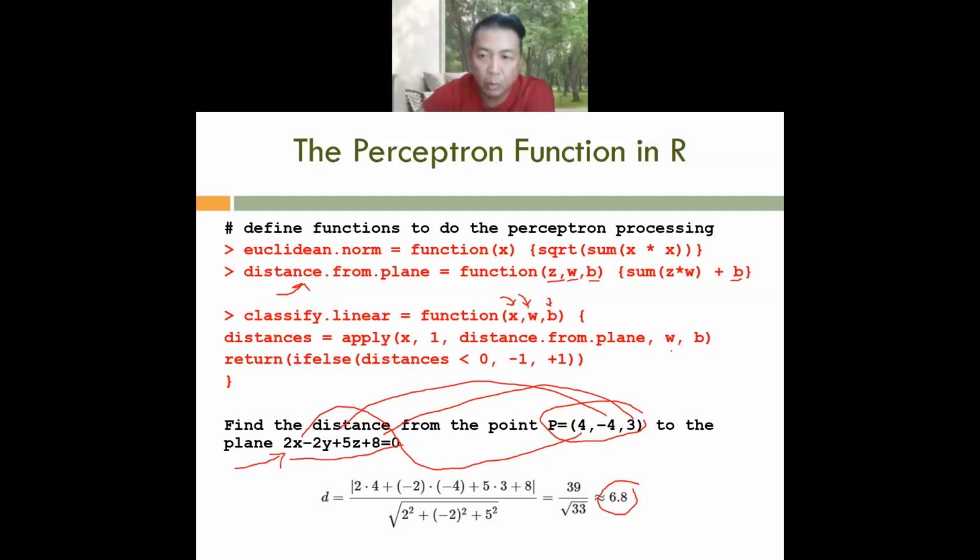We have the weights and the bias here, and also x, y, z here. This will give you negative or positive, meaning they belong to the lower or the upper side of the line.